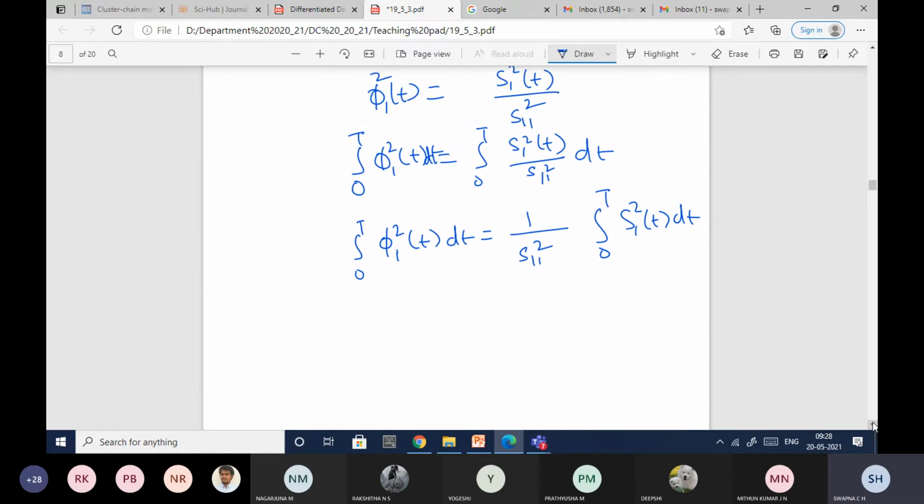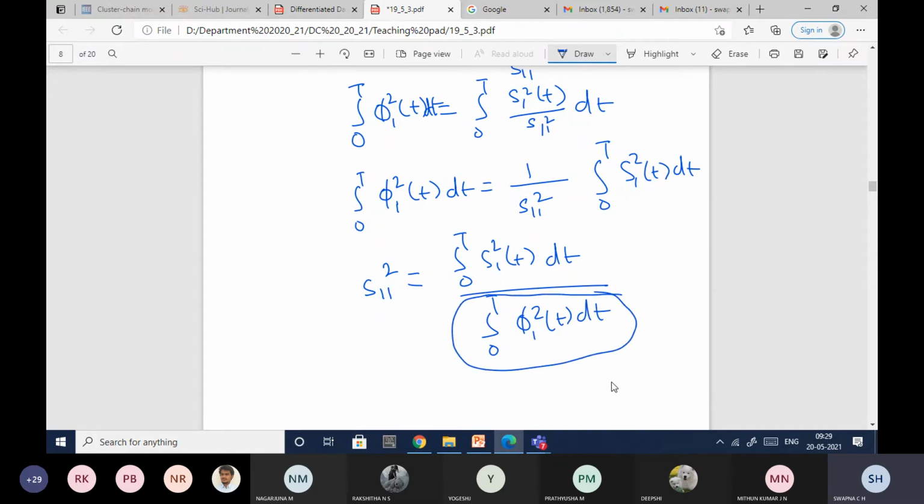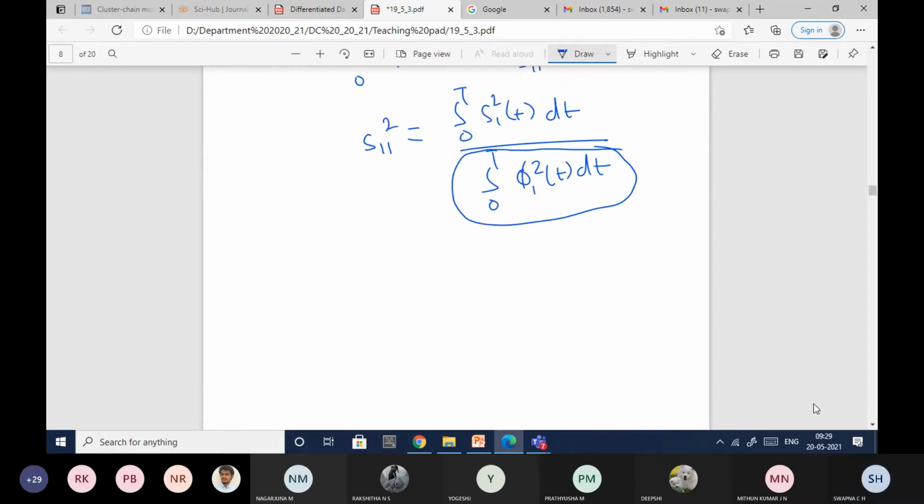Now I will just cross multiply. So S11 square is equal to integral 0 to t S1 square of t dt divided by integral 0 to t phi1 square of t dt. What will be the value of integral 0 to t phi1 square of t dt?